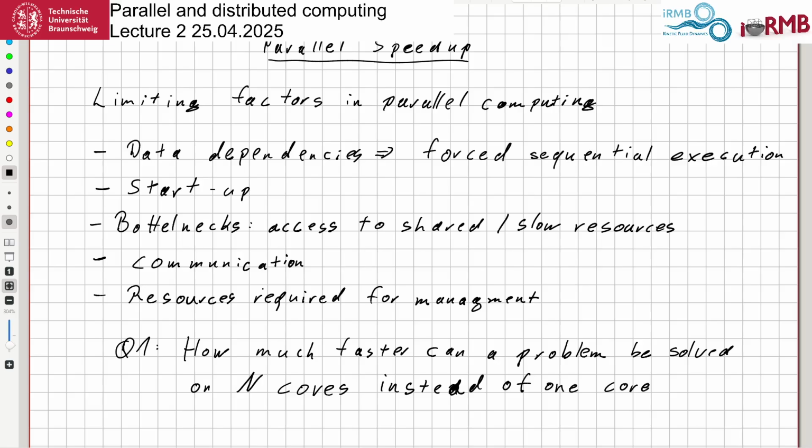So the one core being the serial version, and now you say we have more workers, n cores, so n workers. How much faster do we do the work?